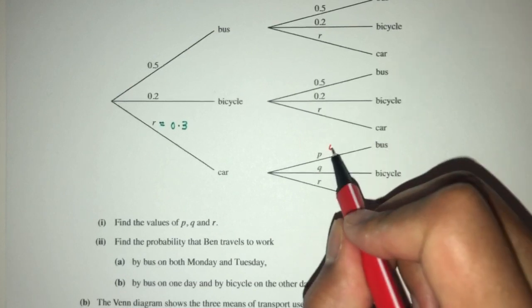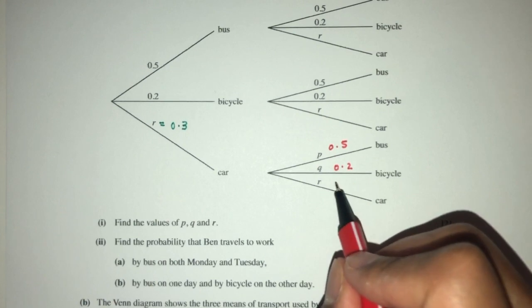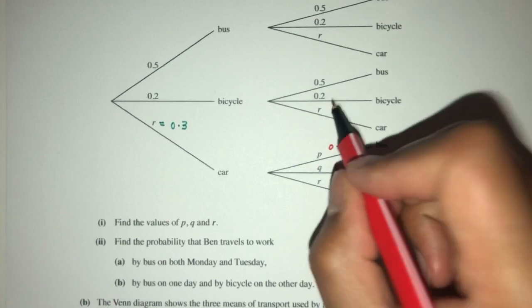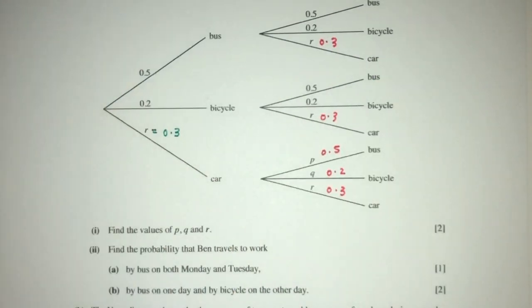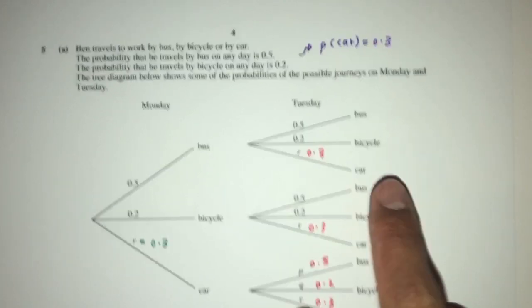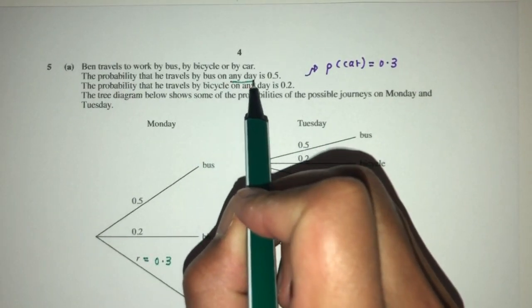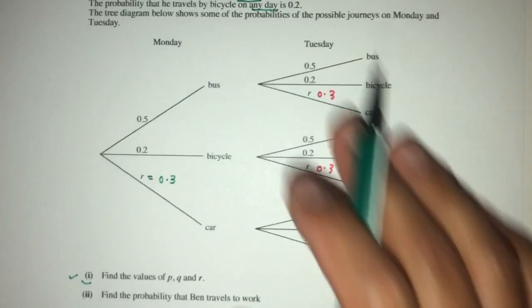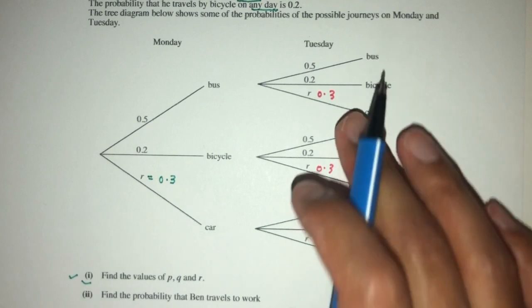Bus will be 0.5, Q will be 0.2, and R is 0.3 as we have seen before. Okay, that will be question number 1. Pretty easy. The reason why is because it is always going to be constant because it is on any day. It doesn't change on either day. So every time it will be the same values for every day. That's the main idea behind these values that we have right here.